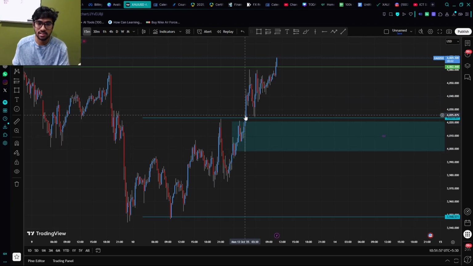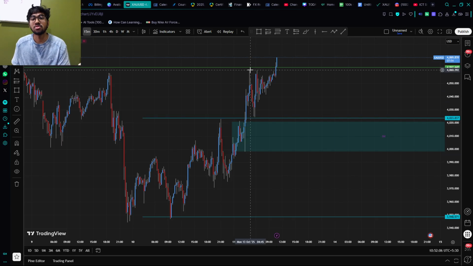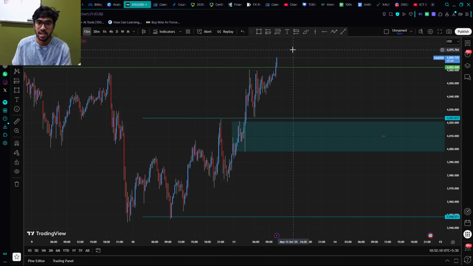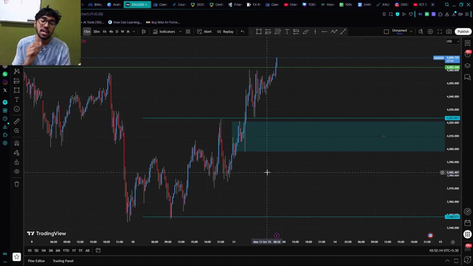So we can see in just a matter of an hour, we have gone from 3,400 to 4,060. That's around 600 pip movement, right? And we have made an all-time high and we're still going upwards. So that is exactly what happened.